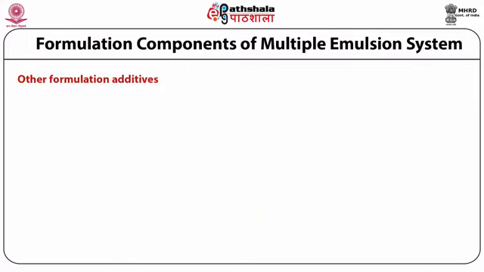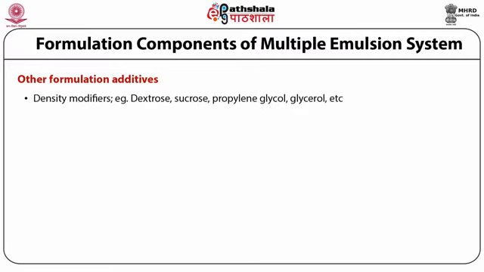Other formulation additives in multiple emulsion systems. The first is density modifier. Examples are dextrose, sucrose, propylene glycol.